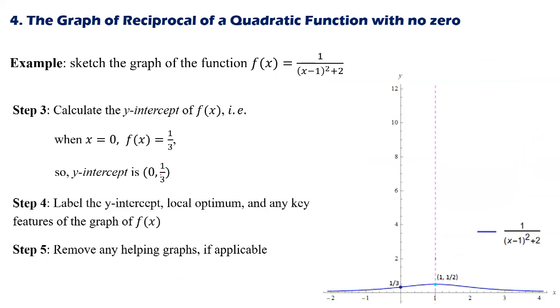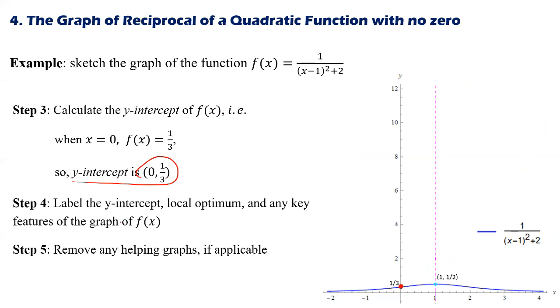Okay, next step, we can calculate the y-intercept of f(x) by letting x be 0. Then we get that f(x) equals 1/3. So the y-intercept is (0, 1/3). Then we can label this y-intercept here, right?